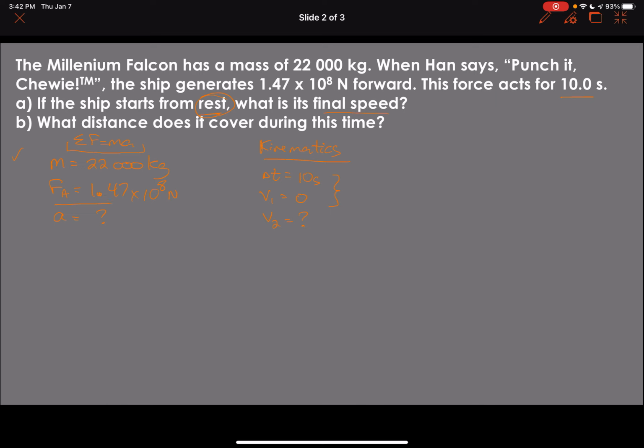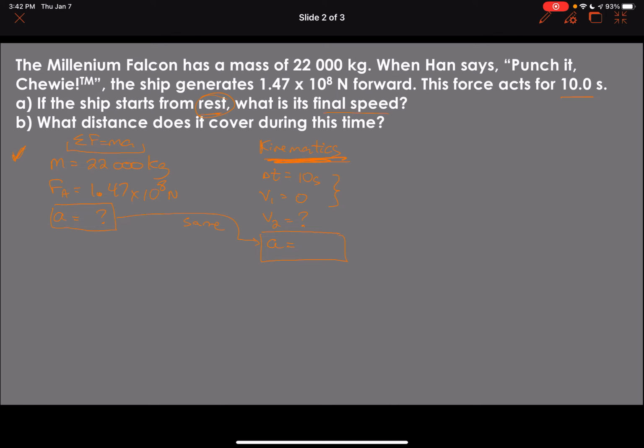But once I know this acceleration, then I'm going to sub that in over here. So my method to solving this is use this information over in force land, solve for acceleration, plug it in over here into kinematics, then I can solve for V2.